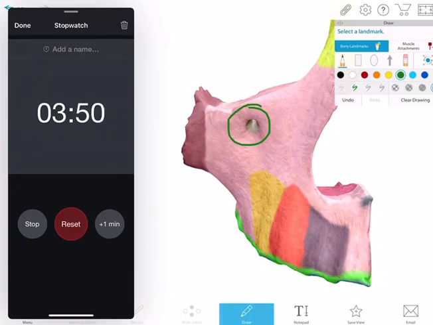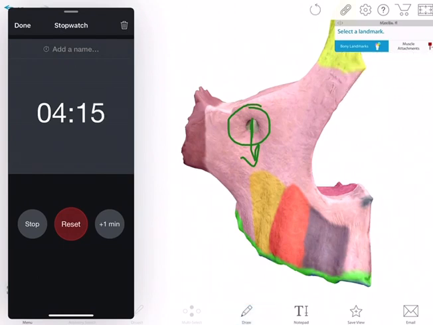Do you remember, or do you know, the infraorbital nerve is a branch from which nerve? It's a branch of the maxillary nerve, which is already a branch of the trigeminal nerve, cranial nerve number 5. So the infraorbital foramen is the passageway of the infraorbital nerve and also the infraorbital vessels.